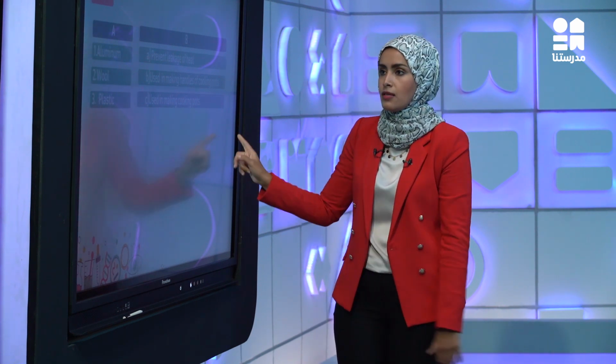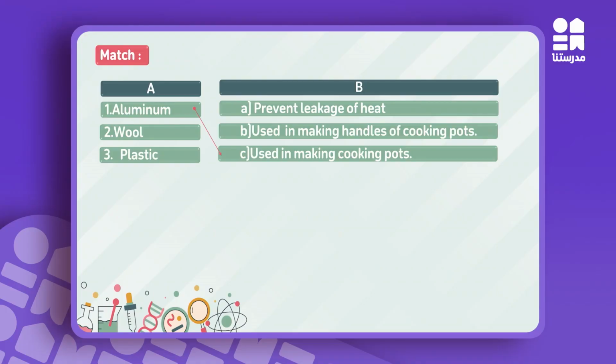Let's think. Aluminium is a metal. It's a good conductor of heat. So it's used in making cooking pots. So number 1 is matched with C. 1C. Okay? Number 2, wool. Wool is a bad conductor of heat. Do I use it to make the handles of cooking pots?